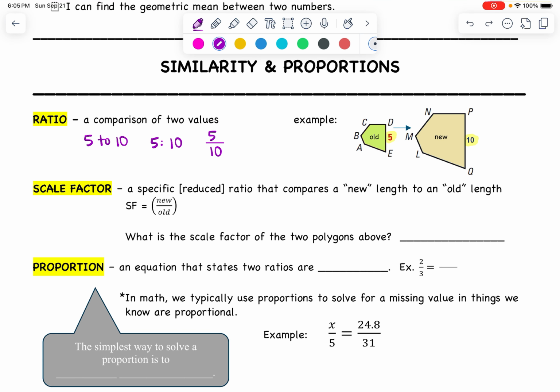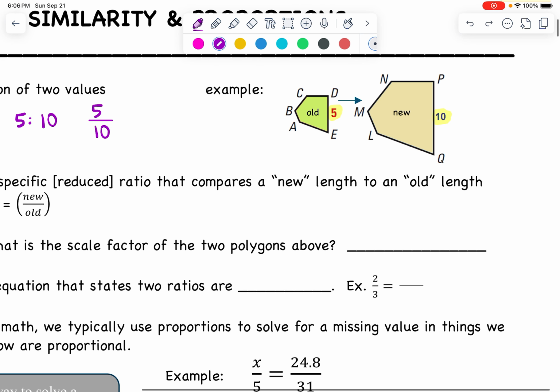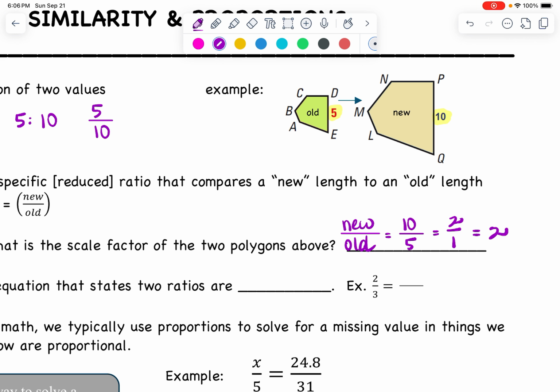So in this case, what is the scale factor of these two polygons? If we do new to old, I'm just going to write this down, our new length was 10 and our old length was 5. And you should reduce when you're writing a scale factor. So 2 to 1 or just 2. Either one of those answers would be perfectly fine.